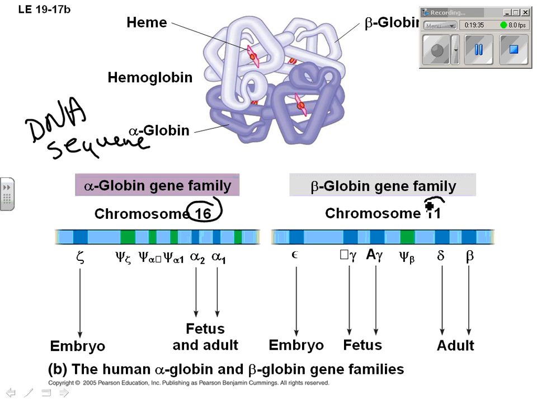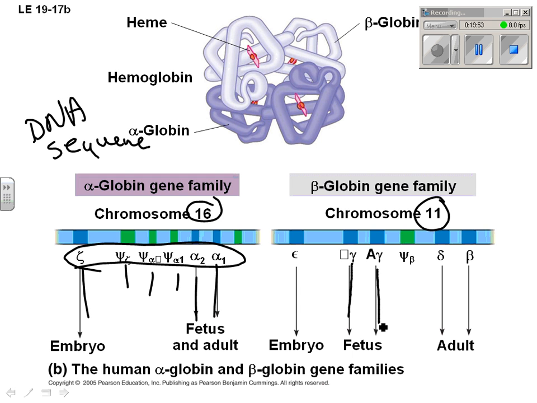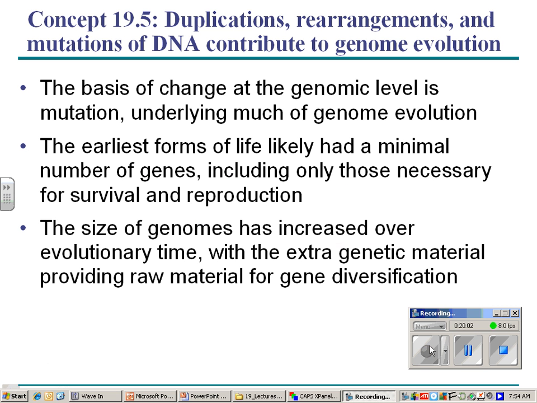And to make that whole protein, you have all of these in a row. You don't have to know all this, but this is produced in an embryo, this is produced in a fetus and adult, and these are produced along the way. And the beta globin gene family, same. So you just need to really know the term gene family there. This whole slide you don't need to know really.